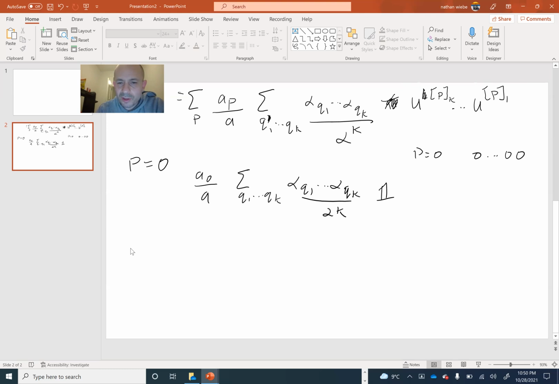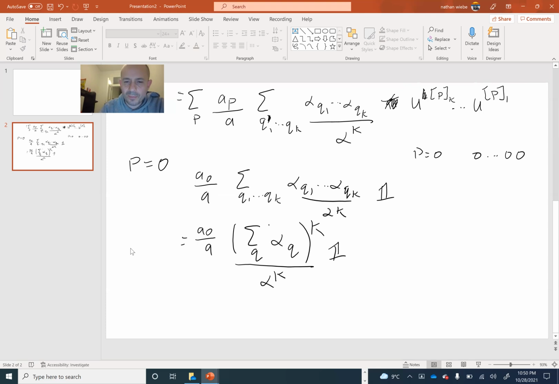So we can simplify this. It is equal to a0 over a, sum over q, alpha sub q to the kth power, because each of these sums is completely independent, also divided by alpha to the k, times identity.